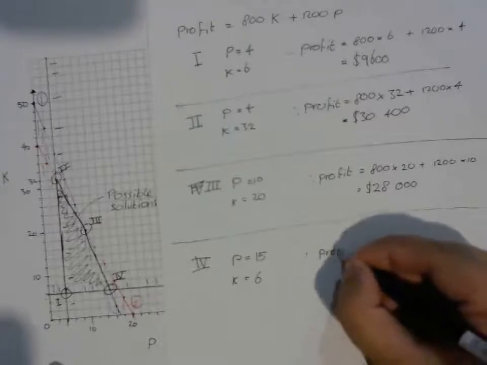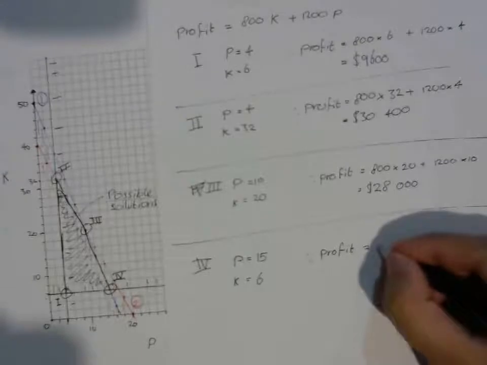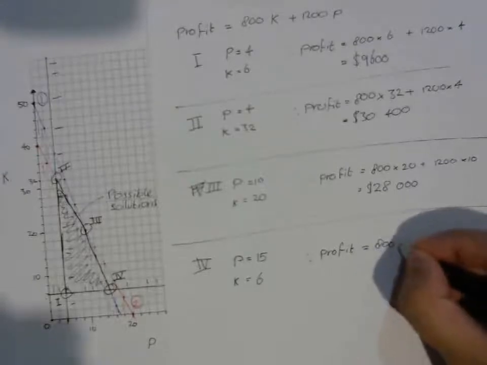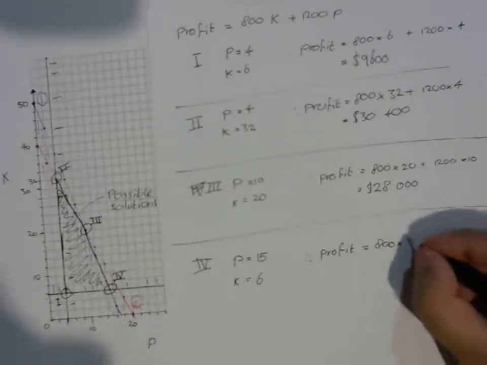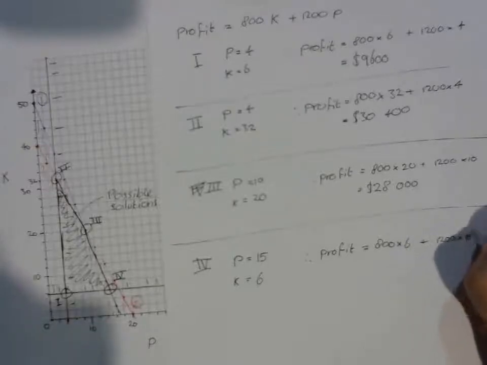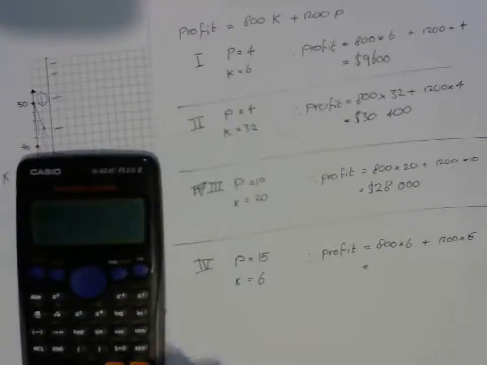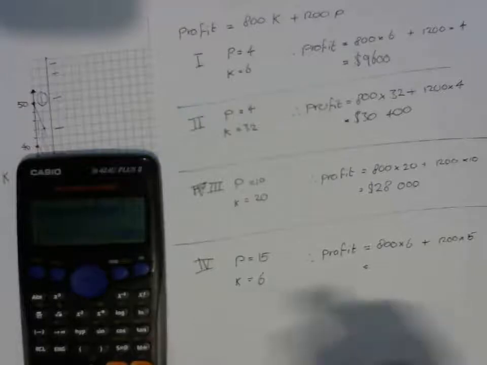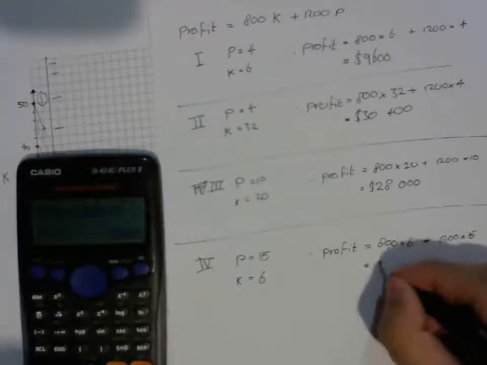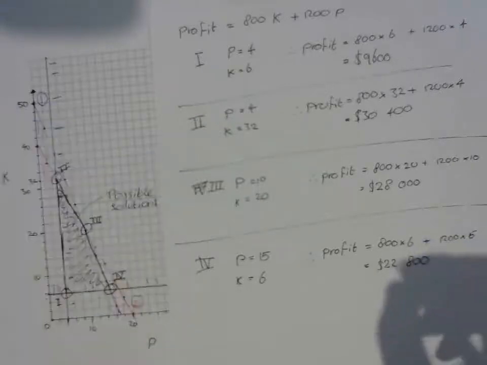And again, I will calculate my profit. 800 times 6 plus 1,200 times 15 equals $22,800.